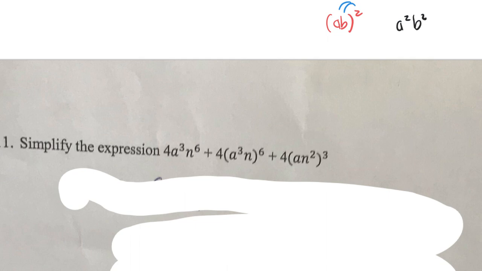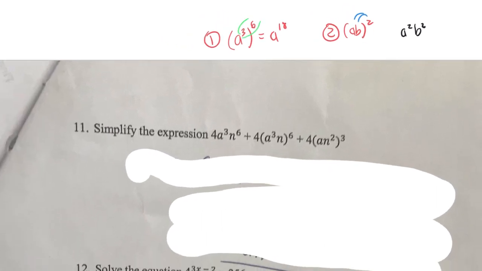Another thing is, anytime you have a power raised to another power, we already talked about this, you can multiply the exponents, so that just becomes a to the 18th. Okay. So those are the 2 laws. We'll call this law number 1. We'll call this law number 2, even though I presented it in the opposite order.